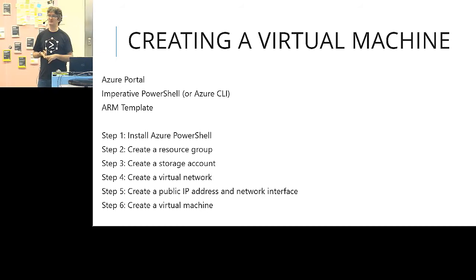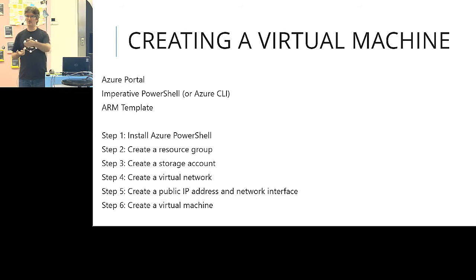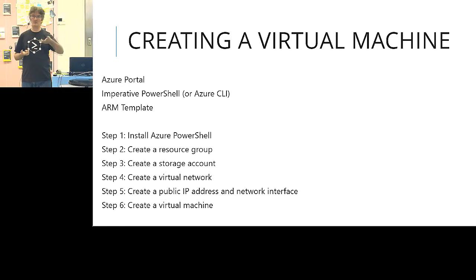You need a storage account to store your VHDs with the operating system or a data disk. You need a virtual network. It's not optional. So when you work with Resource Manager compared to Service Management, you need to put your VMs in a virtual network, okay?